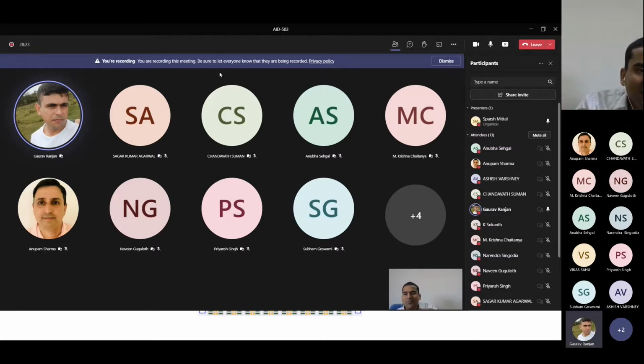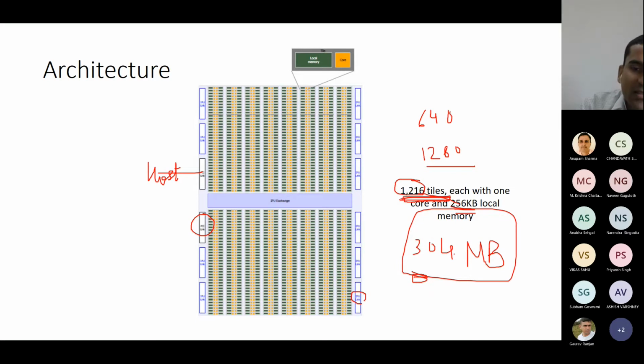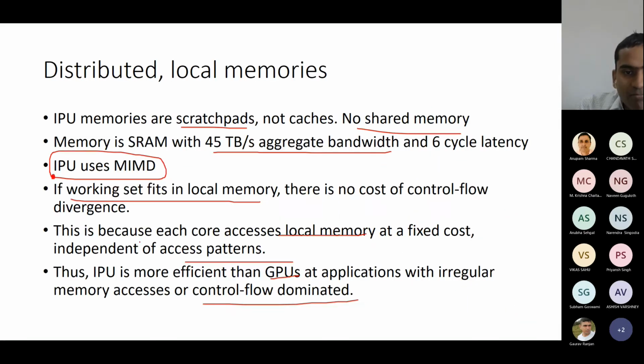So 384 KB was one module. And 48 MB was in the single core, and then there are 4 cores like that. So 192 MB. So compare that 192 MB with this 304 megabytes. 192 there, and here it is 304. Okay, good. So let us go forward.